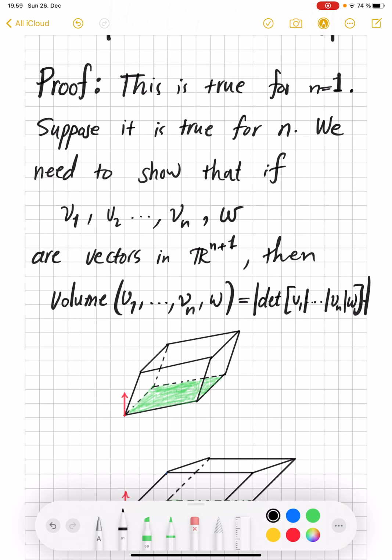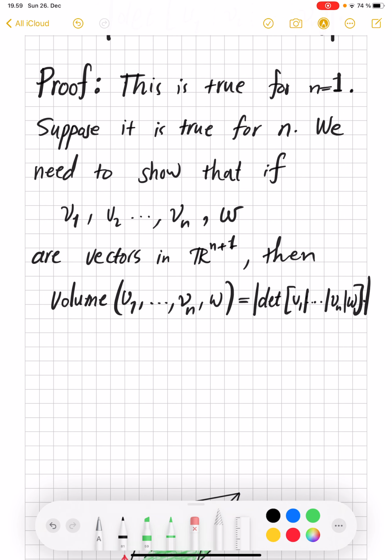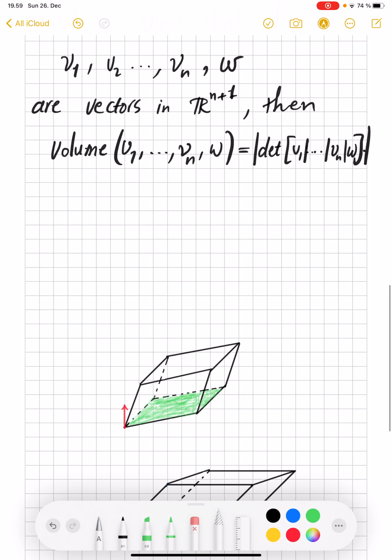So if I succeed in doing this, then I will have proven by induction that it holds in all dimensions.